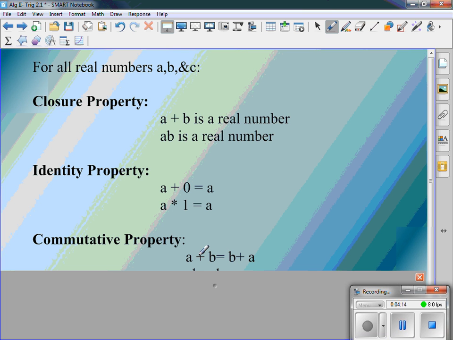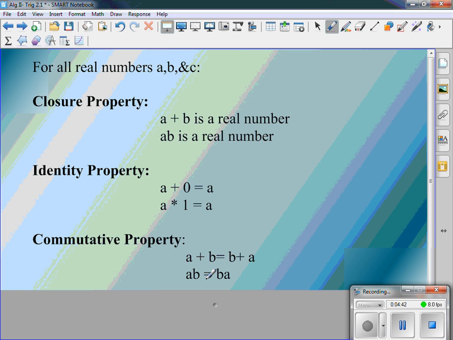If I live in a community and I move houses, am I still in that community? I just switched houses around, right? And then I have AB equals BA. 3 times 5 is the same thing as 5 times 3. 3 plus 5 is 8, and 5 plus 3 is 8.